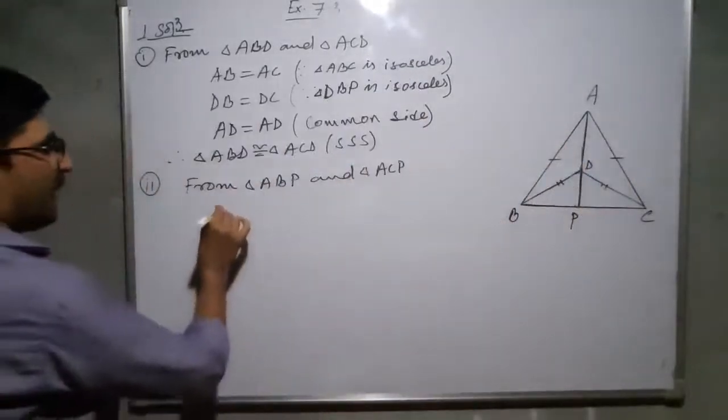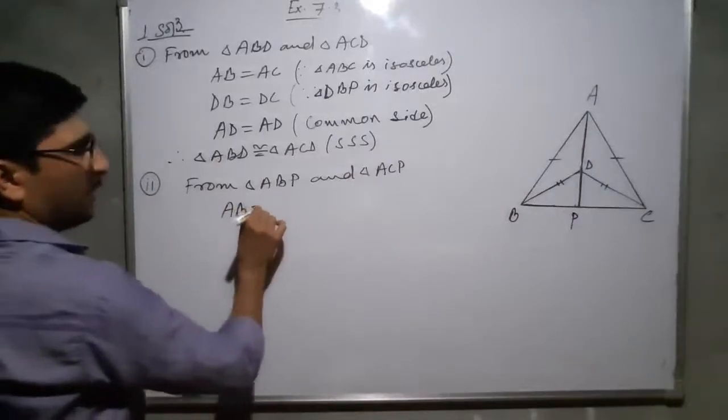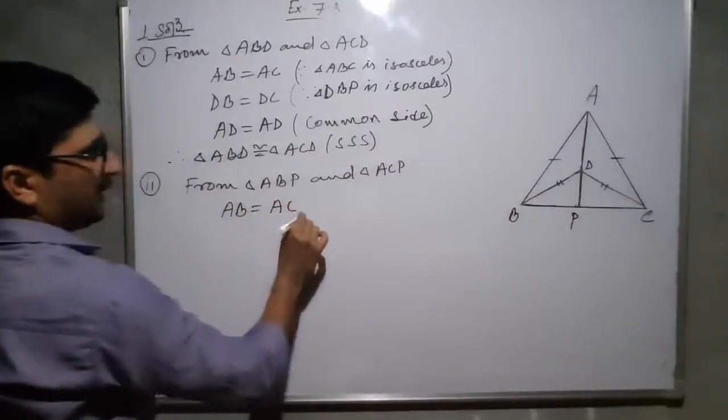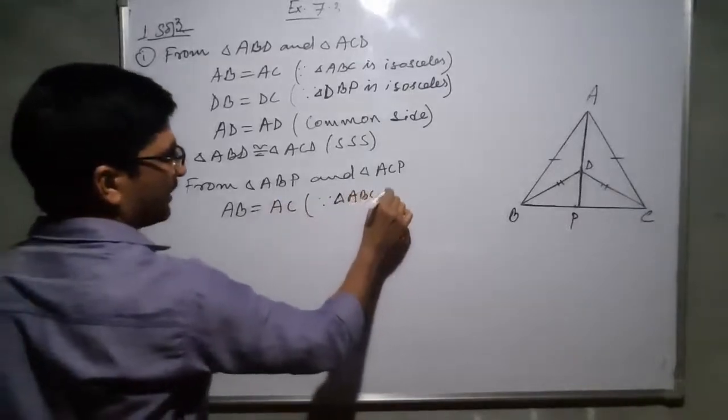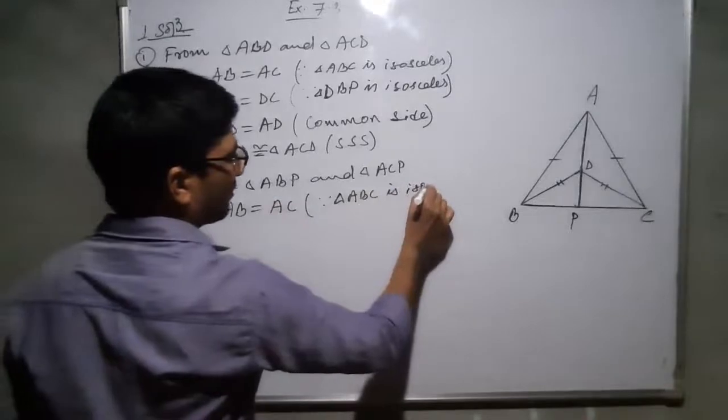Now first I write AB equal to AC, since triangle ABC is isosceles.